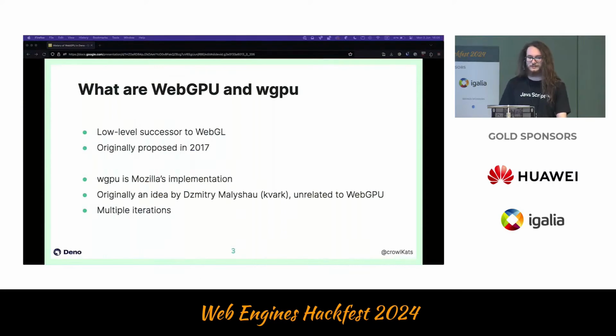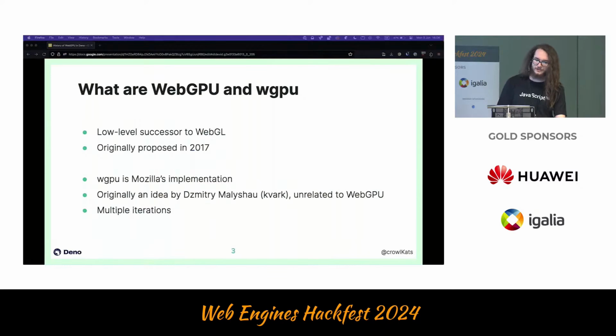And during this talk, I'll also be mentioning WGPU a lot. WGPU is Mozilla's implementation of the WebGPU specification. A big part of WGPU's history is Dzmitry Malyshau, Kvark, who had an idea of unifying all GPU APIs under a single abstraction and iterated towards it, starting with the gfx Rust crate, which was designed to work on top of DX11 and OpenGL.